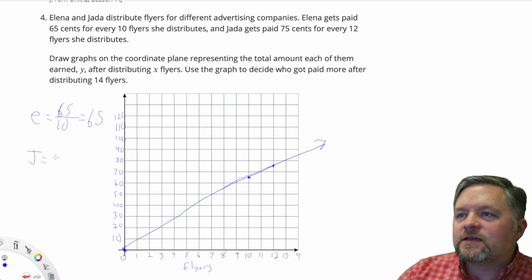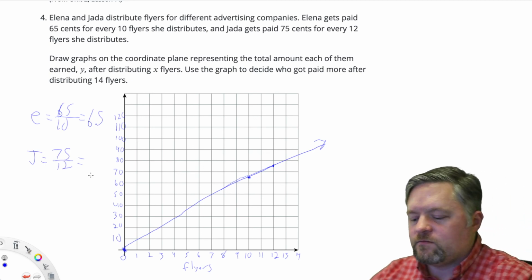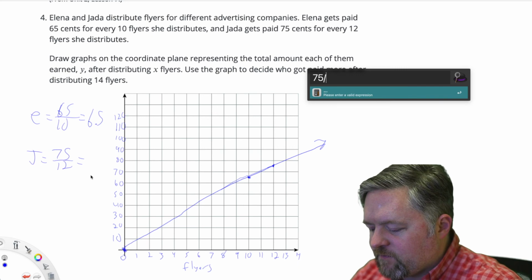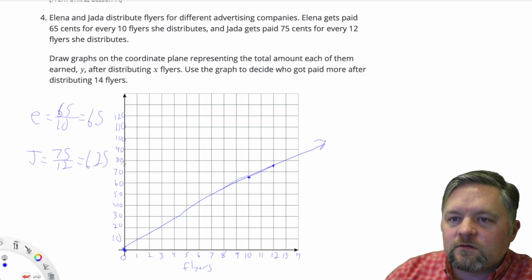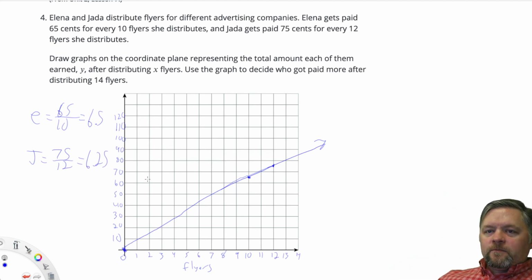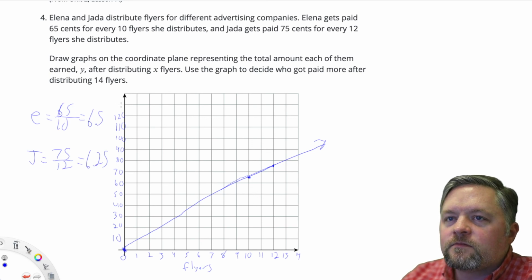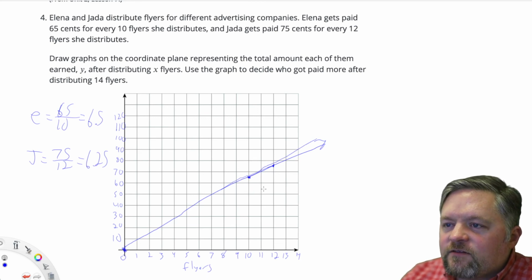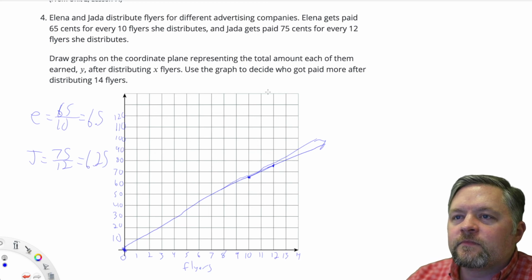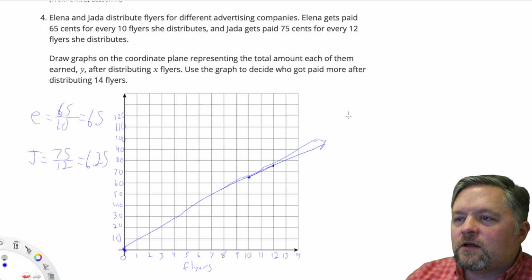Jada gets paid 75 cents for every 12. 75 cents for every 12 is 6.25. So, who gets paid more? Elena gets paid more. Jada gets paid slightly less, which means that graph should have looked kind of more like that. Who gets paid more? Elena.